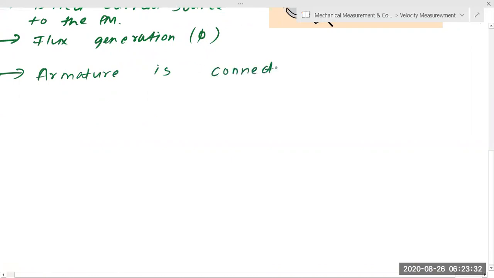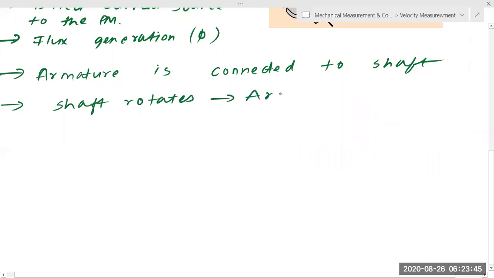So when armature is connected to shaft, what will happen when shaft rotates? Armature will also rotate, correct? So armature of DC motor, or you can say DC motor directly, rotates.